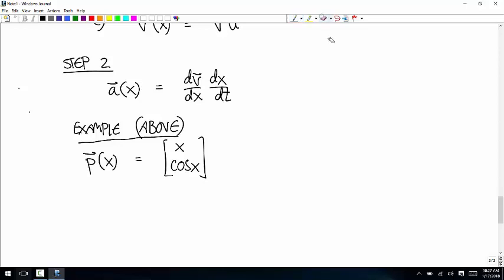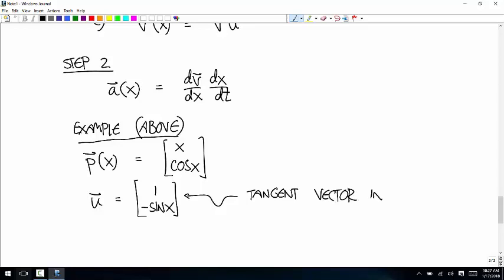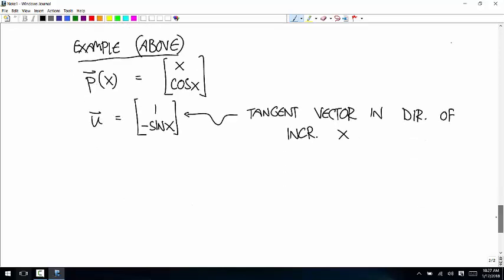And so a vector that's tangent to that path is 1, negative sine x. So that's a tangent vector in the direction of increasing x. Is that a unit vector? No.